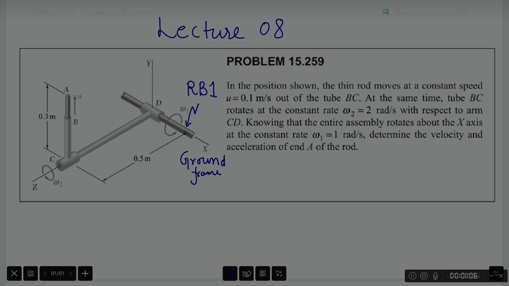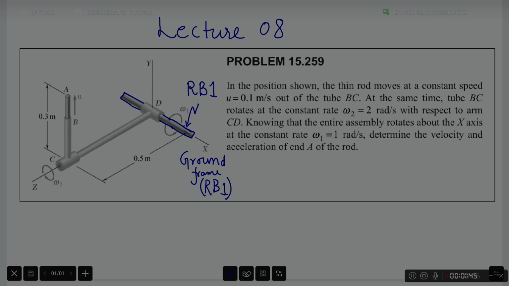However, the way this problem is presented, this shaft can easily be considered as a part of the ground frame itself, because it is not performing any motion with respect to the ground. Thus it is legitimate to call both this blue marked body as well as the ground frame as RB1.